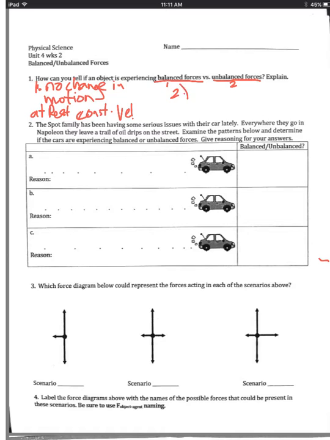If we have unbalanced forces, then there is a change in motion. Again, there is a change in motion.